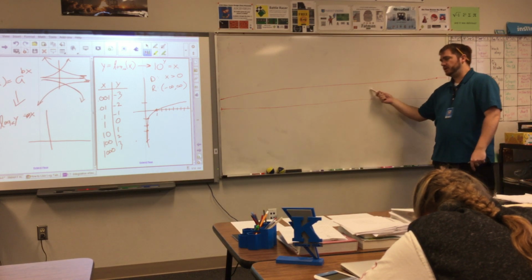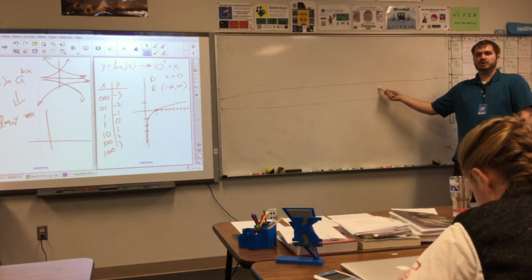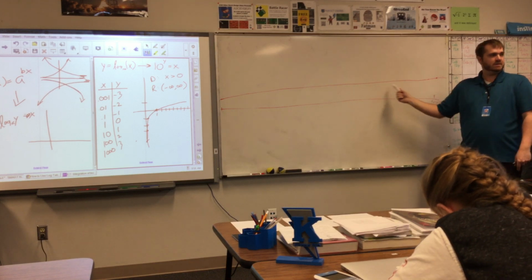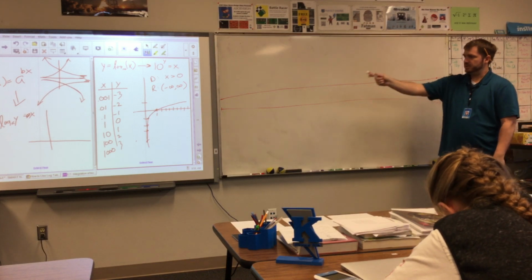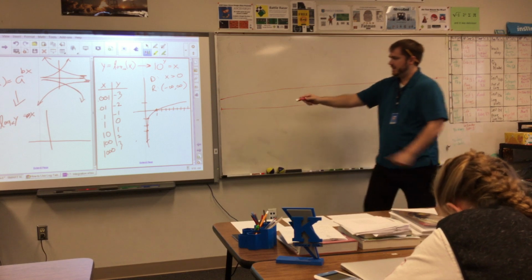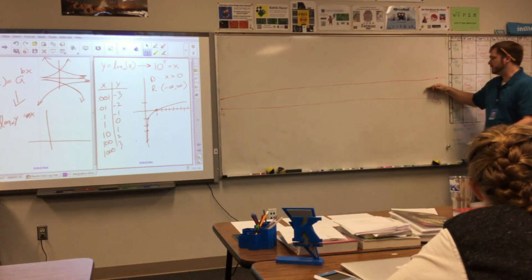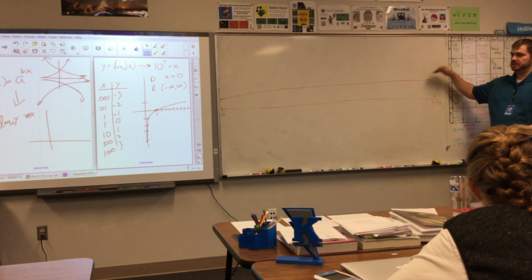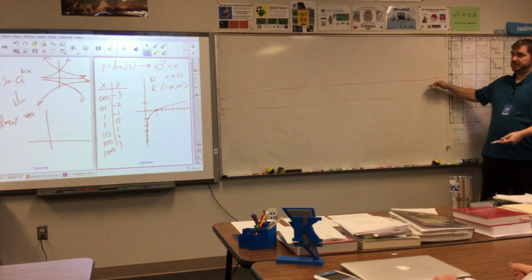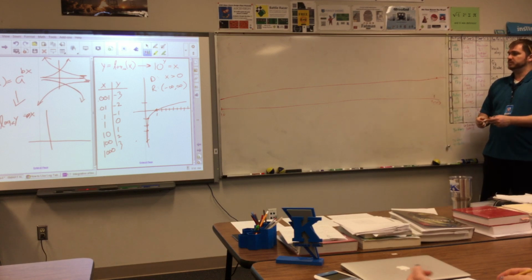This, as we would call it, is very slow to grow. All right? Because you can see going from 10 to 100, it only goes up by 1 unit. It goes from 1 to 2.